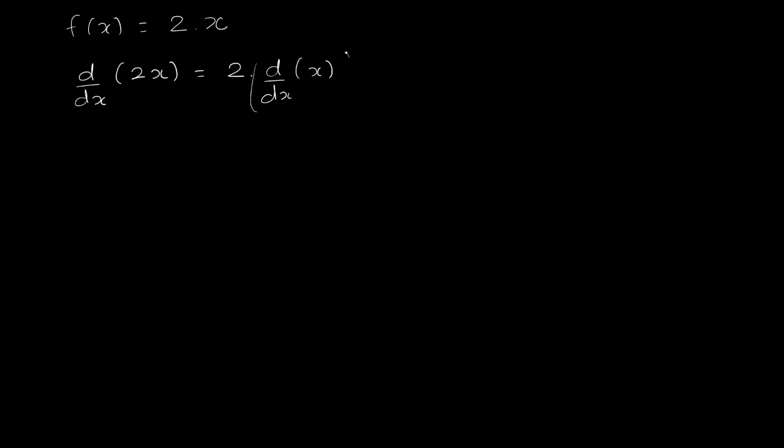Now finding the answer for this, d by dx of x, that is x raised to 1. If we apply the previous formula, I have n equal to 1 here. So d by dx of x gives me 1 into x raised to 1 minus 1. That is 1 into x raised to 0.